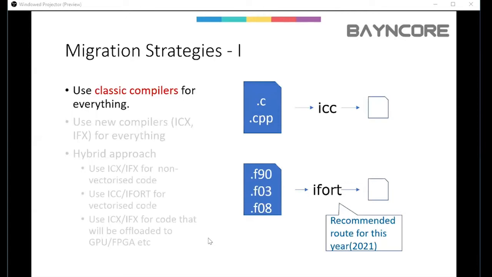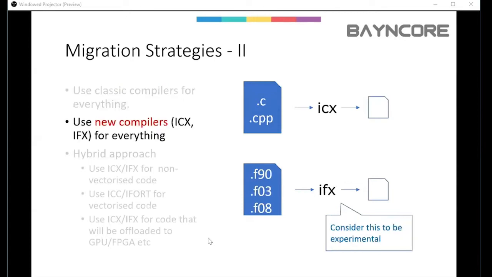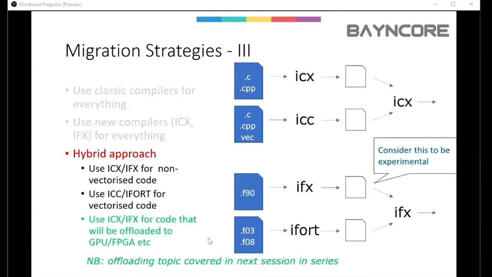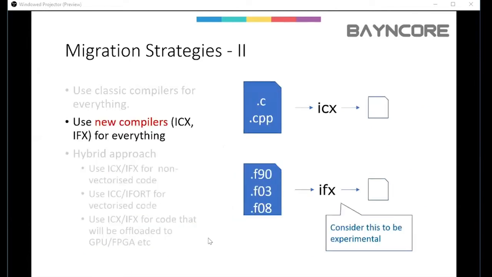Consider the LLVM version of the compiler to be experimental. So that's the safe option, where there's no change apart from installing the tools maybe. The second one is where you begin to use the new compilers.